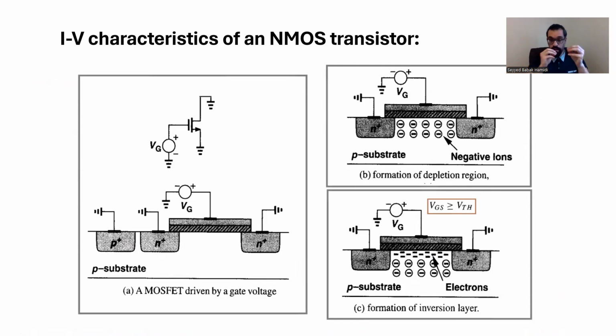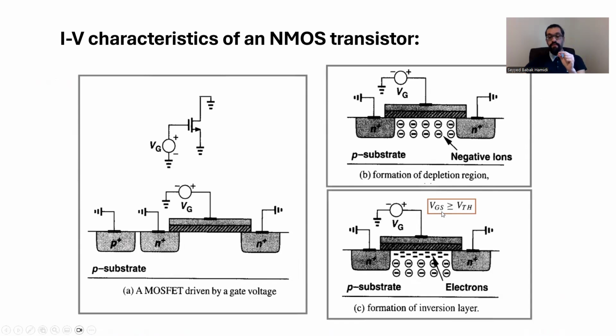With the mobility of the electrons, you would have a DC current flowing. So when VGS, the voltage between the gate and source terminals, is less than the threshold voltage, there would be no electrons, no mobility of the electrons, and no DC current. So we say the transistor is off, is cut off.